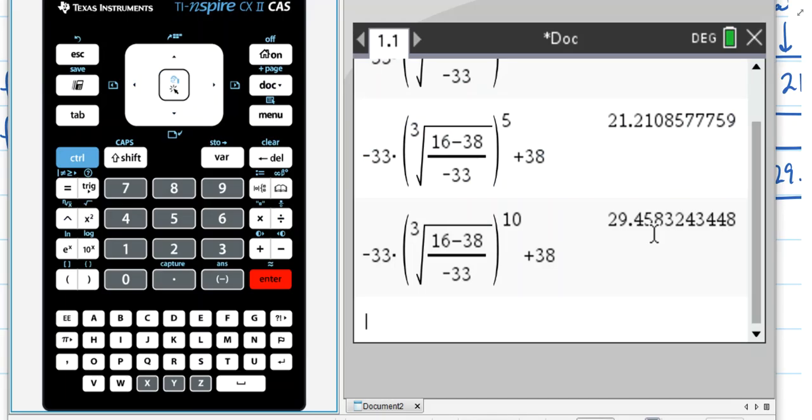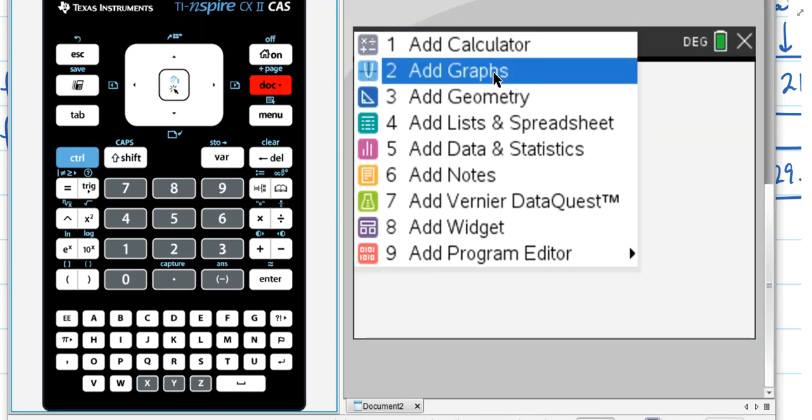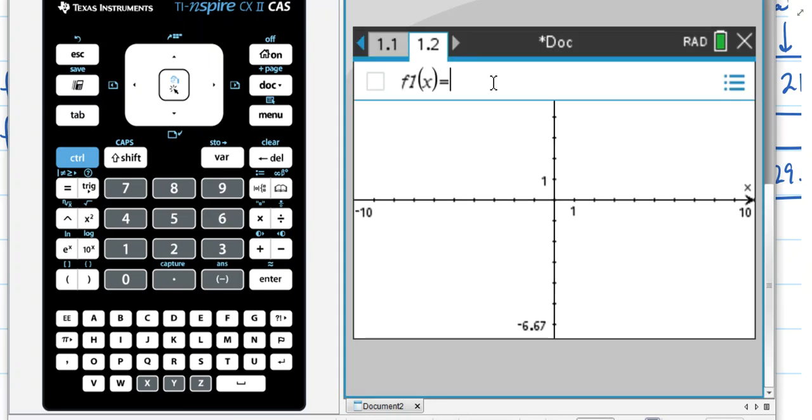So back on the calculator, since I have a calculator page open, I need a graphs page open too. So I press Control Dock, and I'll instruct the calculator to open up a graphs page. On this function, we'll go ahead and write the equation we established just a minute ago.